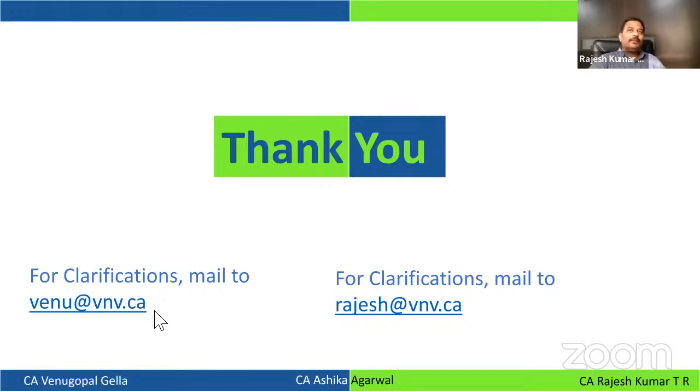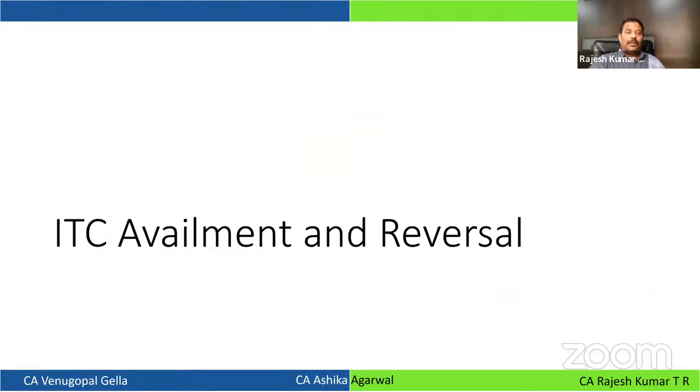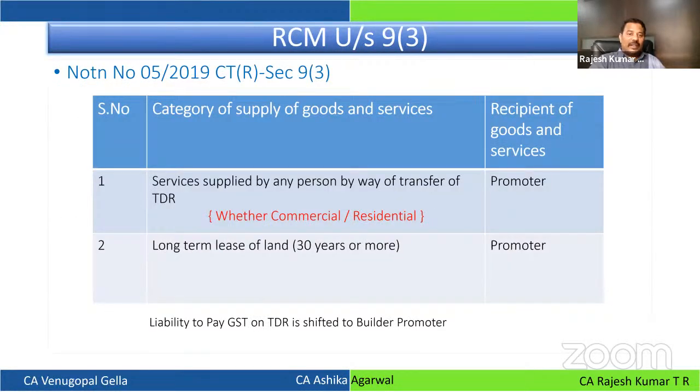One more aspect, you did mention the tax liability on a development right, which is to be paid on RCM basis by the developer. There, I find practically how to determine the valuation for it is an unresolved issue.